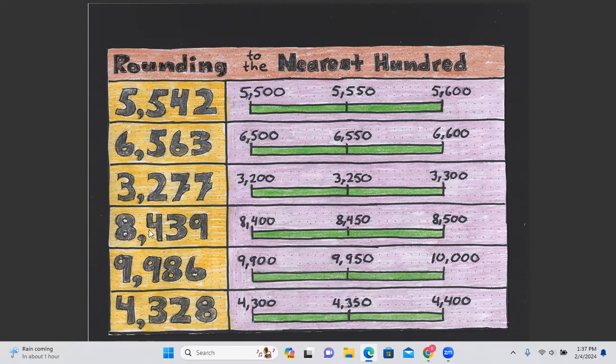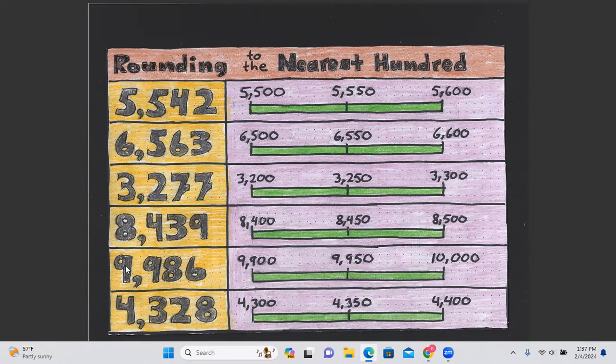So 8,439 must belong in this part of our bar. And so with that in mind, we know that 8,439 will round to 8,400. And if you notice that the 39 part right here is less than the 50 part right here, so we know for sure that this number rounds to 8,400.